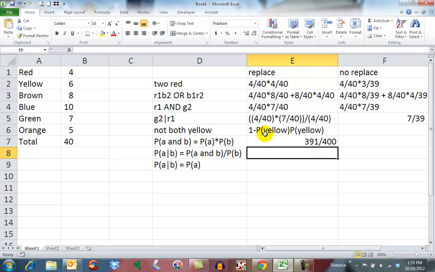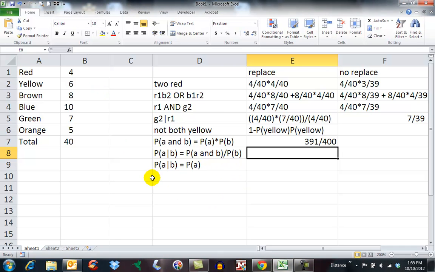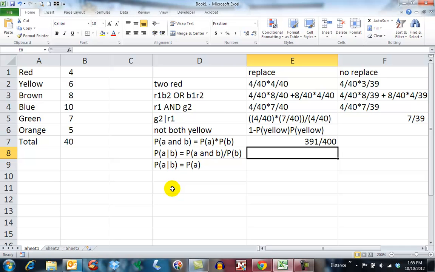If it was the probability of not getting any yellow, we would have 6 over 40 for the first one and 6 over 40 for the second one, minus the probability of getting both of them, which is 6 over 40. Both of them, so we have to take that part out, and we would have an answer.